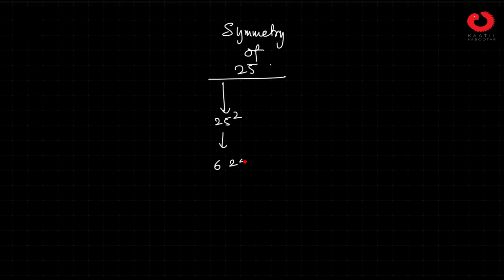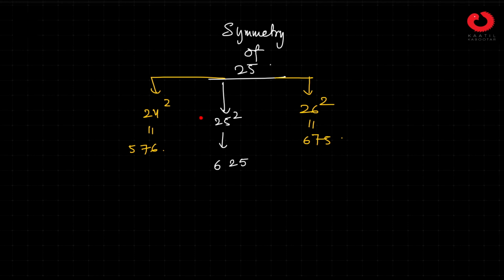What is the symmetry of 25? If you write 25 square, you can see it is 625. Now if you see the square of 24 and the square of 26: the square of 24 is 576, whereas the square of 26 is 676.